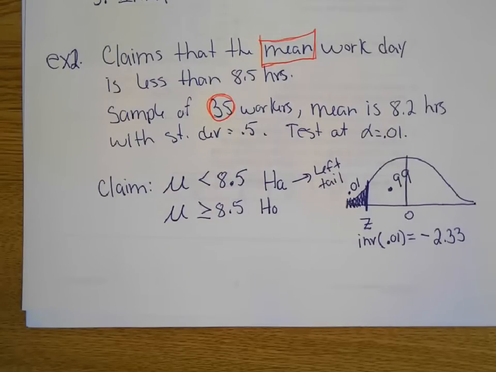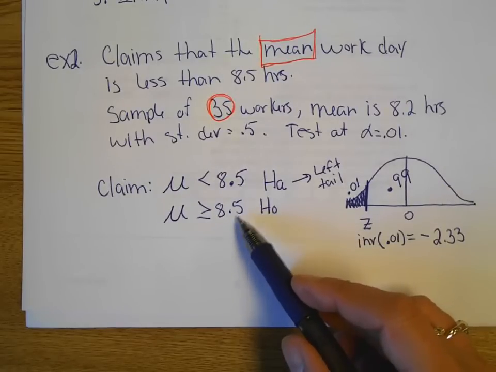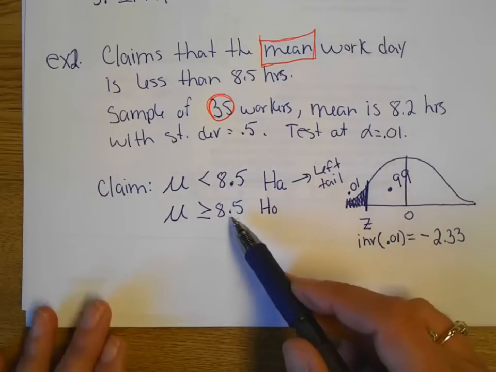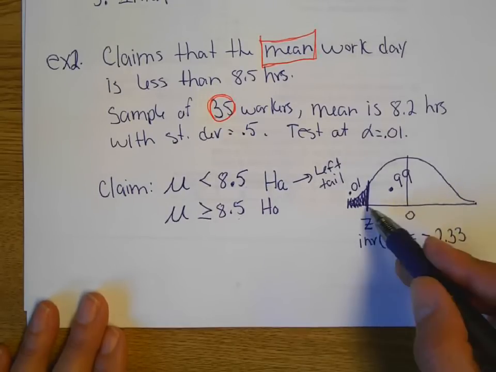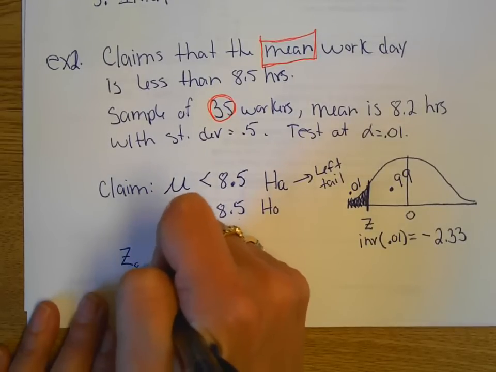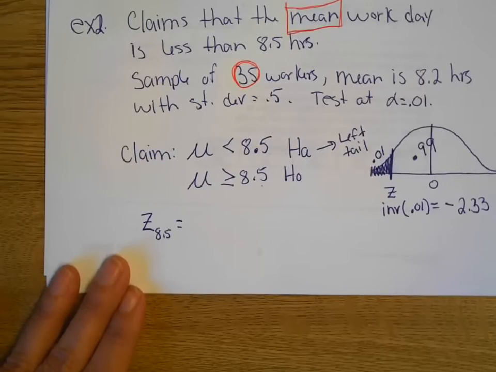Convert the sample mean from the Ho, which is 8.5, but what's in the Ha also? 8.5. So you can't mess that up. So we're going to turn 8.5 into a z-score to see where it lands on this curve. So the z-score for 8.5 is, according to the formula, oh, not 8.5.